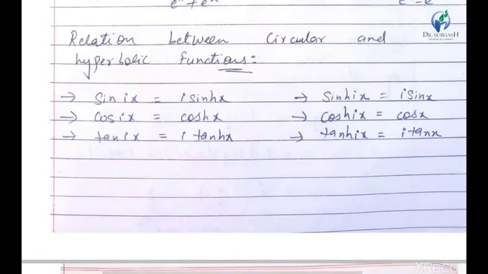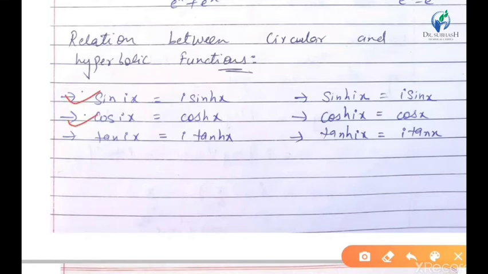Now we see the relation between circular and hyperbolic functions. What are circular functions? Sin ix, cos ix, tan ix, these all are called circular functions. Now let us see some relations. Sin ix is equal to i sinh x. Cos ix is equal to cosh x.